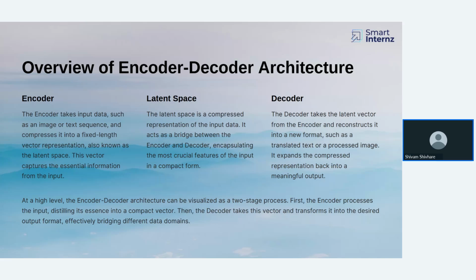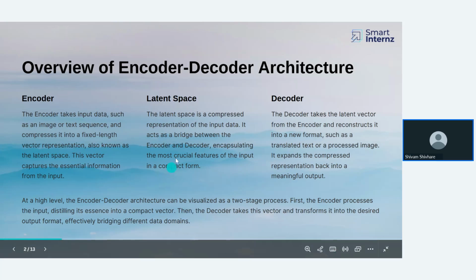It will help the model understand information, meaning it will extract the main part of the information from that image, and that information is going to be converted into latent space. Latent space is nothing but something which carries the complete information. For example, consider this slide as an image. You are passing this complete slide to the model. Is that clear?